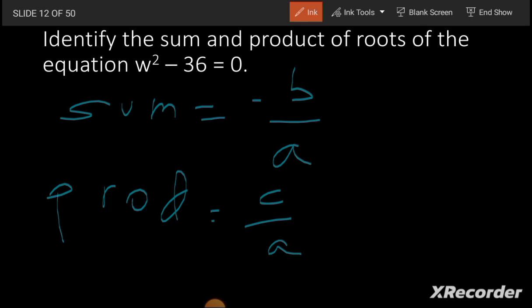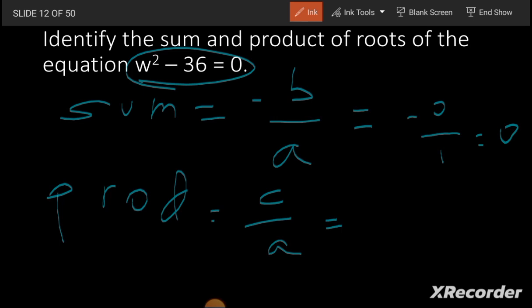So, from that, ang b natin dito sa given na quadratic equation ay 0 kasi wala tayong nakikitang linear term. So, 0, negative 0 divided by a, which is 1, is still 0. So, 0 yung sum of roots niya.